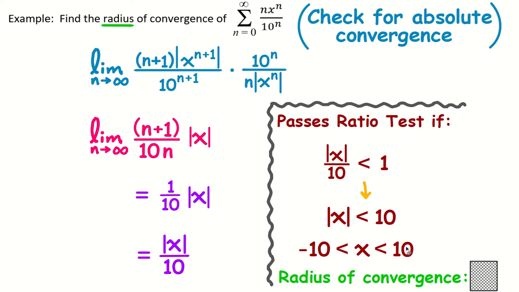That's like the overall range or width of the interval. The radius is half of that. So 10. And so that's basically the relationship between radius of convergence and interval of convergence. Pretty cool, huh?